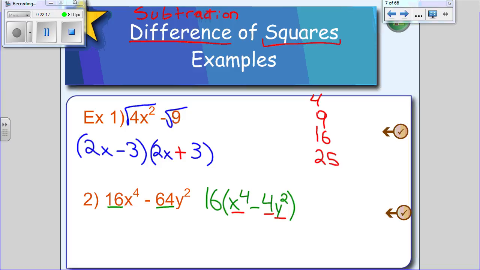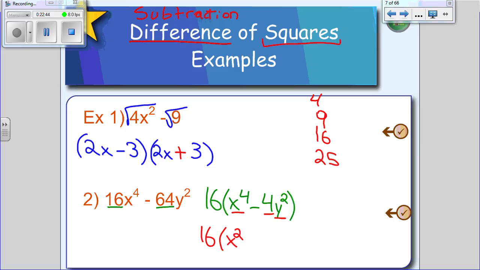What do we have to do with the difference of squares? Square root. Do I have to square root this 16 out front? No, that's a coefficient. That thing just stays out front the whole time. So that 16 is still out front. Now we're square rooting each thing. So x to the 4 square rooted would be x squared. You just divide the exponent by 2.